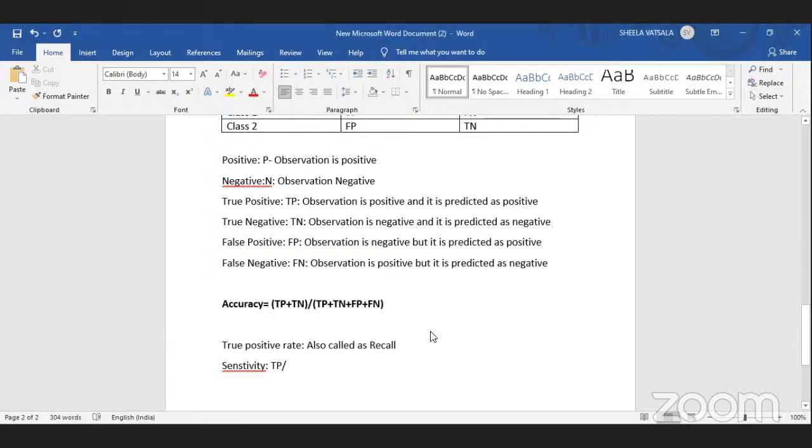We write it in words so that you can understand: number of correct predictions divided by total number of positives.